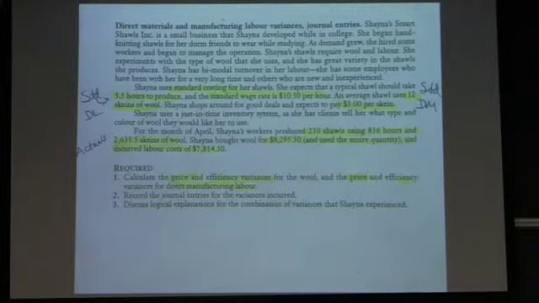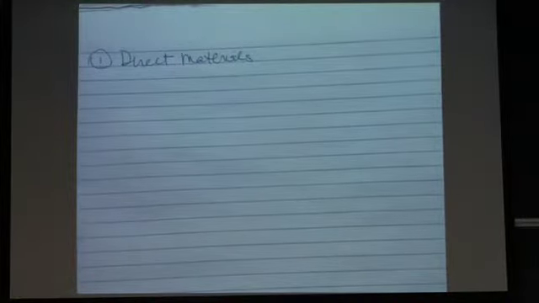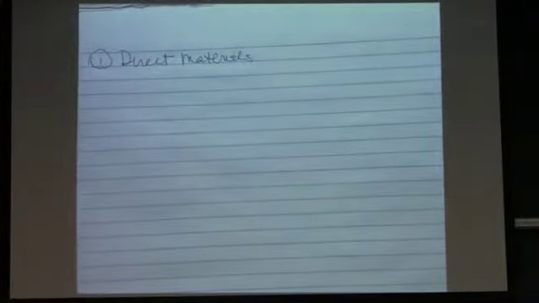So let me start with solving the problem. I like to use the column approach for variance analysis. And the first one is direct materials. The first column I want to do is what was my actual materials cost. We were given that number, right?